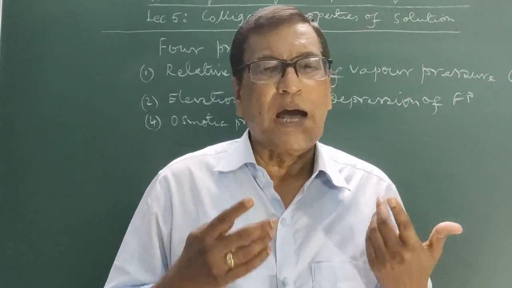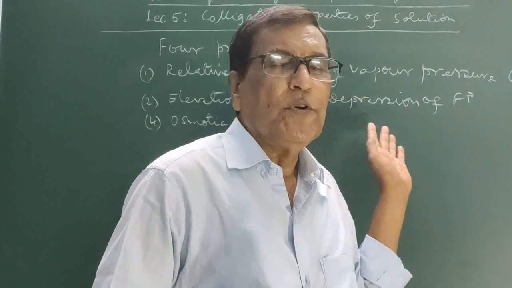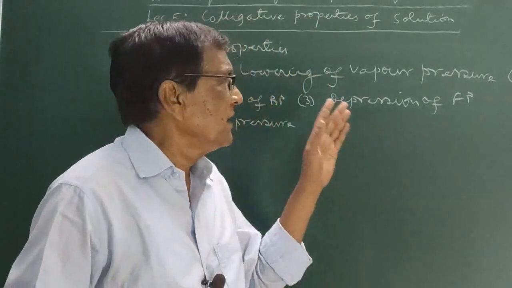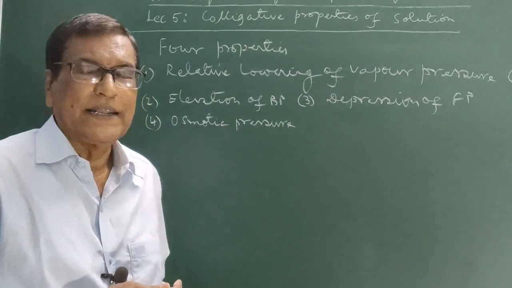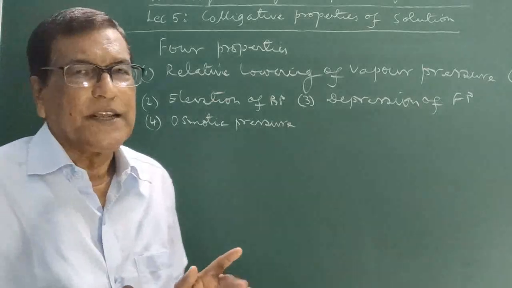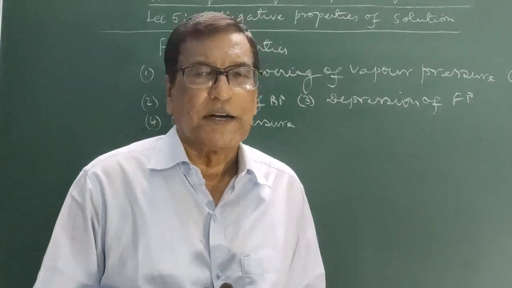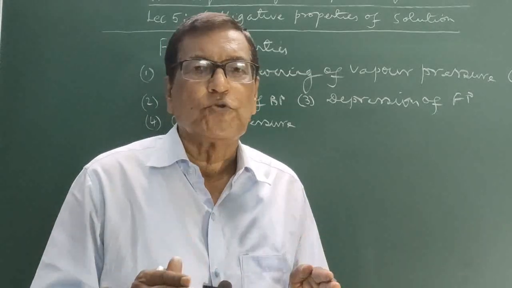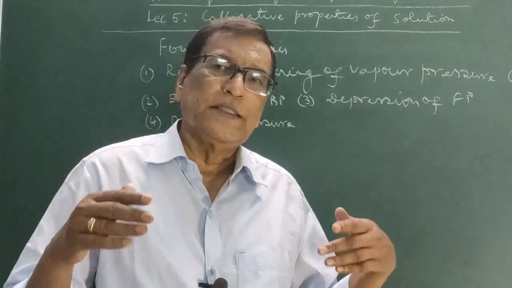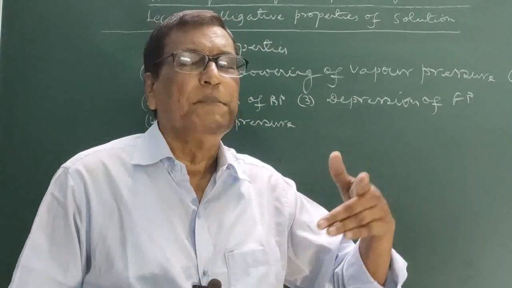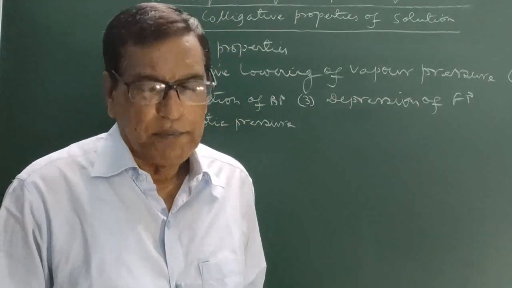The particles may be ions, molecules, or colloidal particles, but these properties depend only on the number of particles dissolved in a given amount of solvent, not on their nature. Say glucose, fructose, or urea: if the number of molecules is the same, then all these solutions will give the same magnitude of these colligative properties.